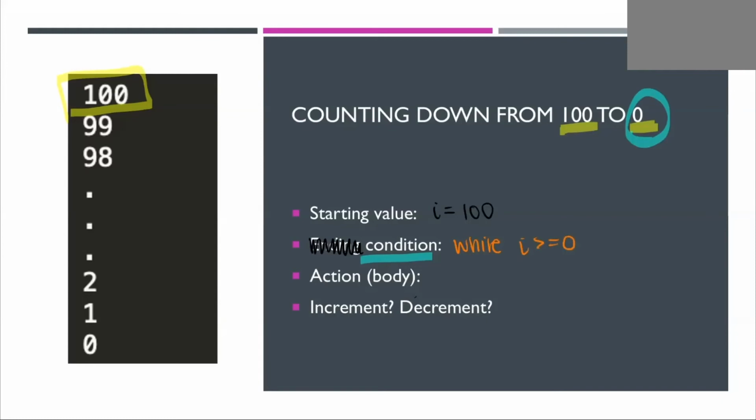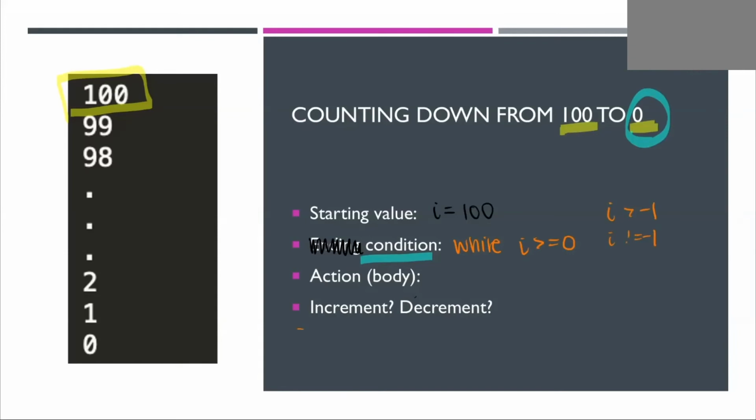Good. This is a good one. Like I said, there's going to be a lot of other ones that you can do. So for example, you could do while i is greater than -1. You could do while i is not equal to -1. Or you could even throw in some nots in there, but this is a good one.